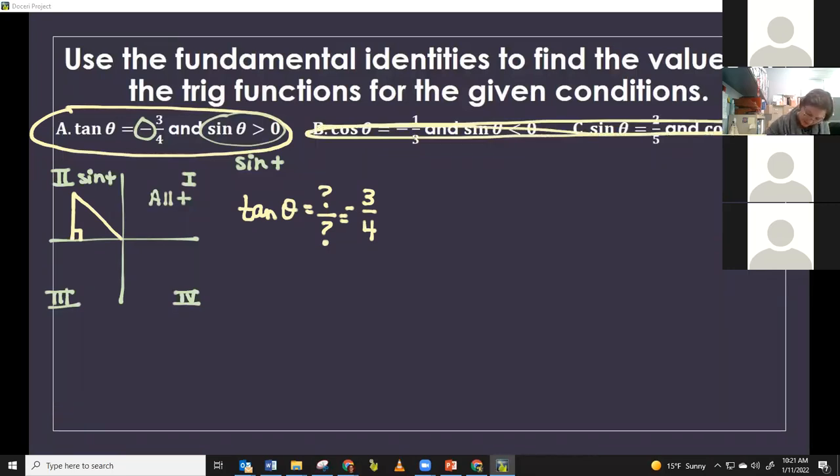Y over x, thank you. So y over x. Do I want to put the negative with the y or the x part here? It's negative 3/4. I'm going to label my triangle. I need to know where the negative's going. Does it go with the y or with the x?